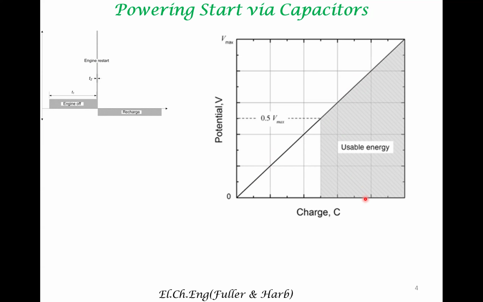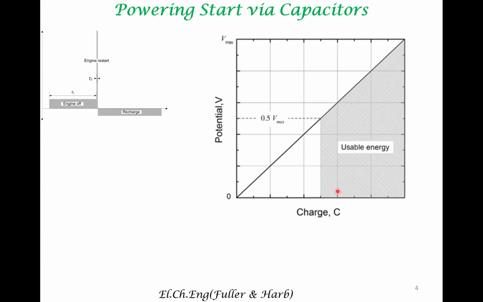We had mentioned that a battery cannot be used below a particular voltage, right? There is a particular cutoff voltage below which the battery becomes useless. Likewise, if the capacitor's voltage goes below a particular cutoff, the capacitor is also not useful.